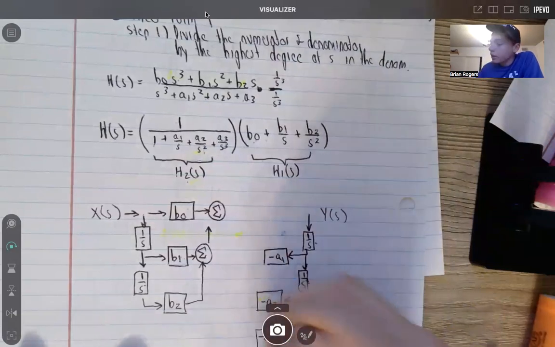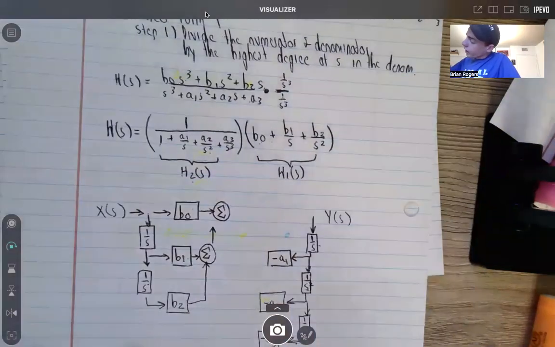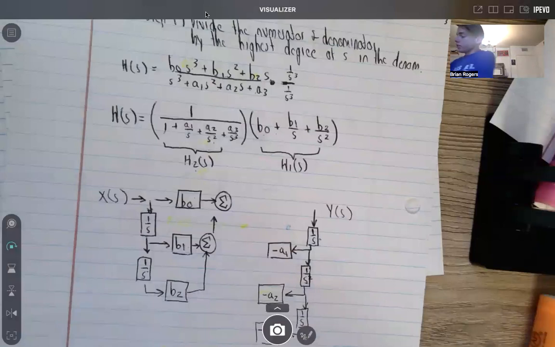And then you're going to combine these two. And why am I wanting to combine them in particular?